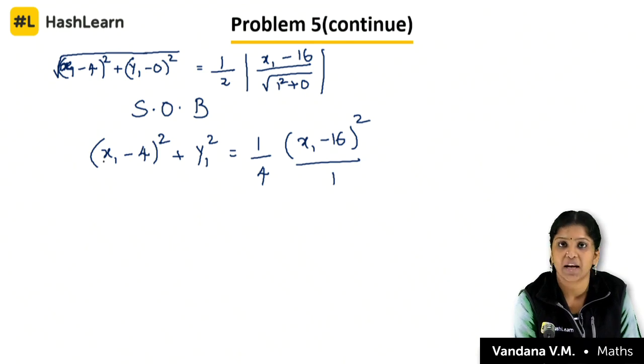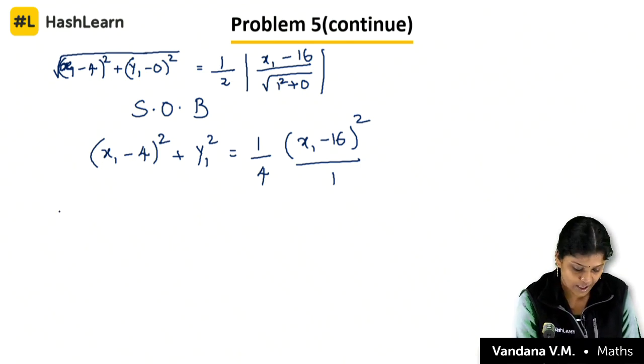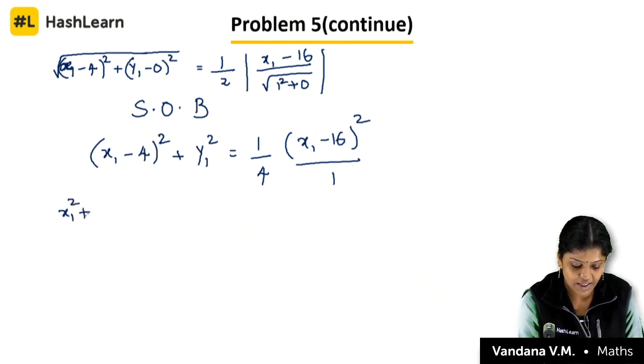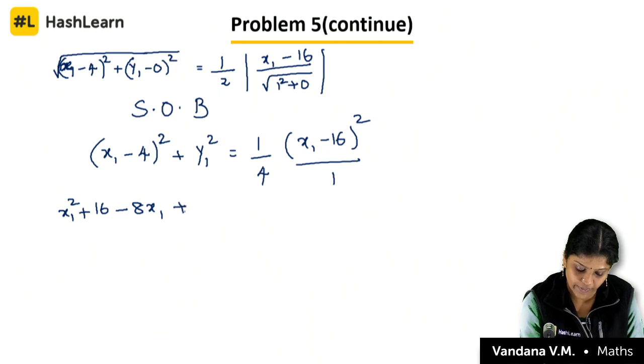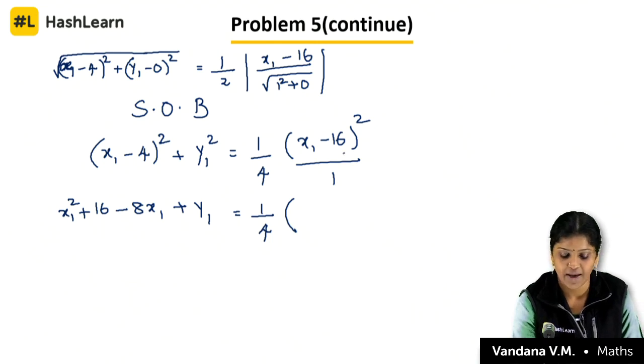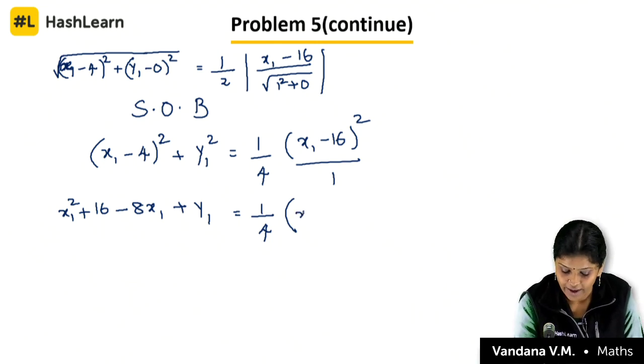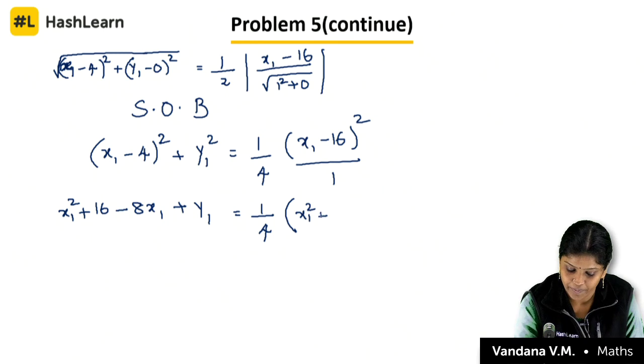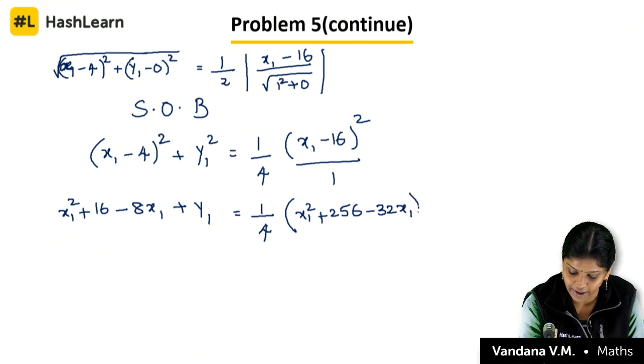You know it is looking like a minus b whole square: a square plus b square minus 2ab. 4 2s are 8x1 plus y1 square is equal to 1 by 4 into, this is also the same, a minus b whole square, x1 square plus 16 square is 256 minus 32 x1.